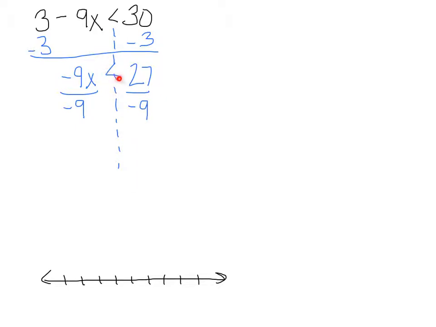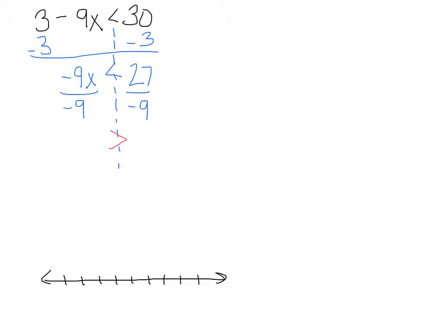When you're solving an inequality, if you divide or multiply both sides by a negative number, you see how we did that right there? We divided both sides by a -9. What's going to happen is we're going to actually flip this inequality symbol, and I'm going to show you that in red. It changes from a less than to a greater than.